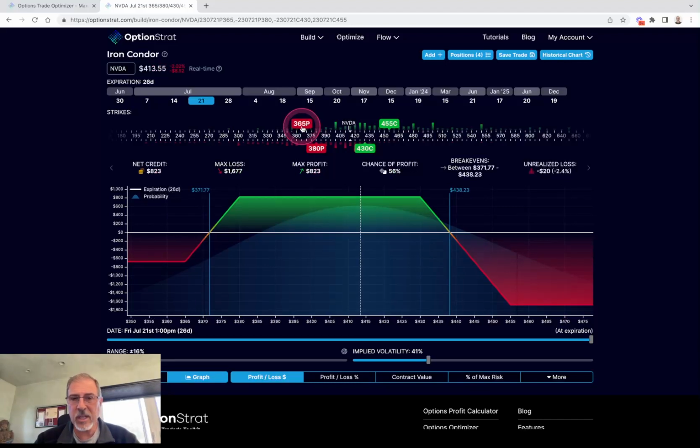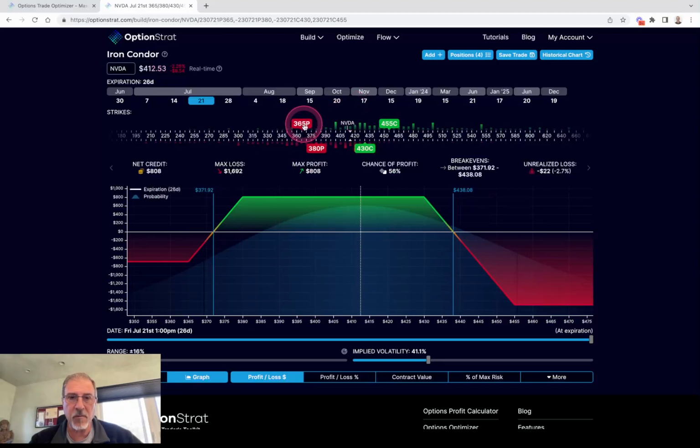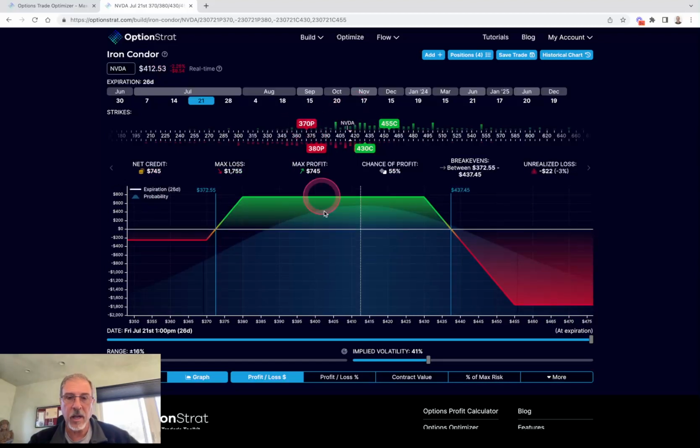I can do something along these lines. And if we take a look at this trade, I can tighten this up even further on the downside so that I have even less risk. Now that does give me a little more risk on the upside, but again, that risk is a ways away.